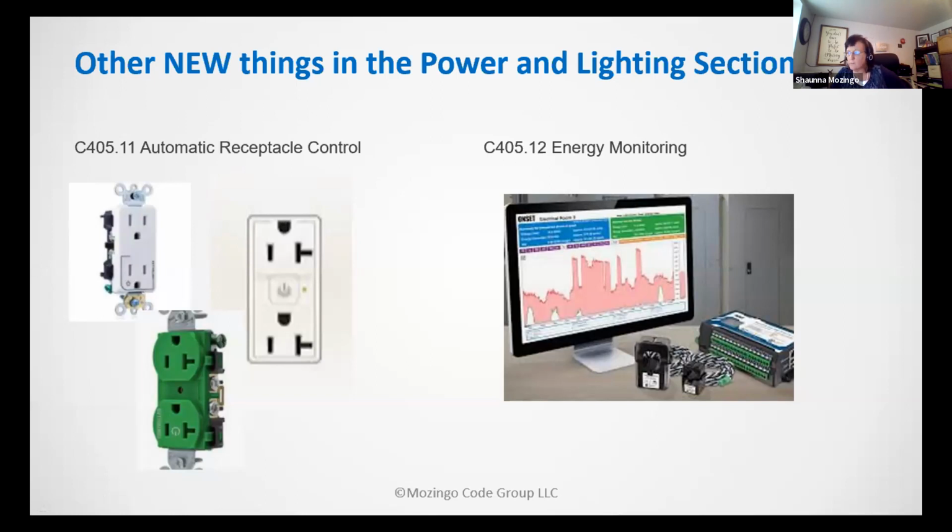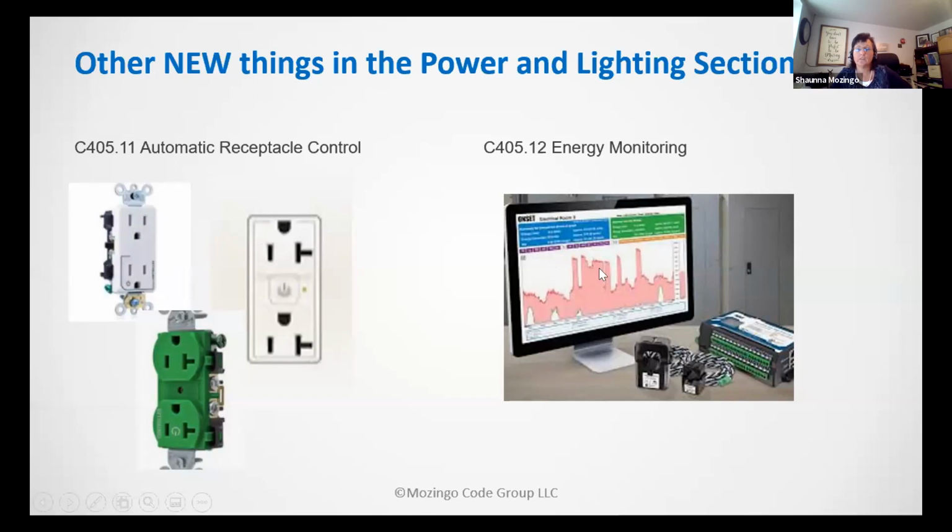I just want you to know, we don't have a lot of time left, but automatic receptacle controls are now required in the 2021 IECC as they were in ASHRAE 90.1. Same with energy monitoring. There are different ways you can do 50% of the outlets or 50% of each outlet. There are different ways to identify these.